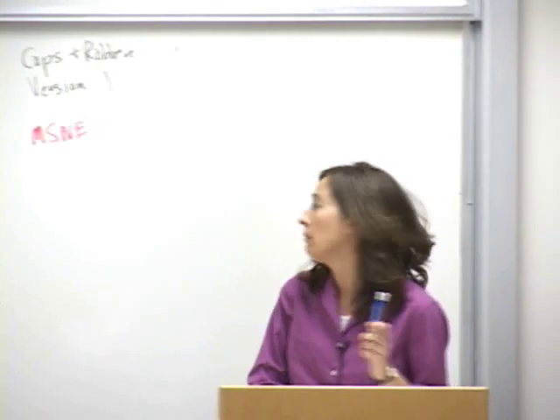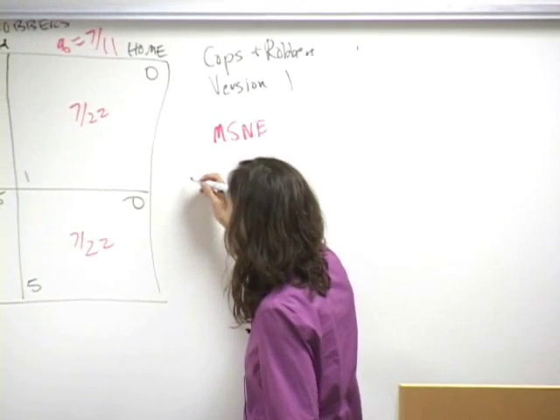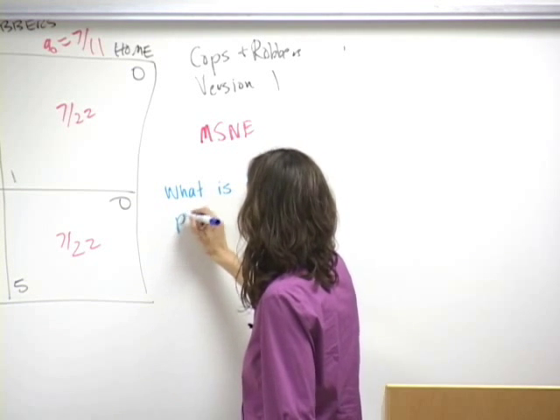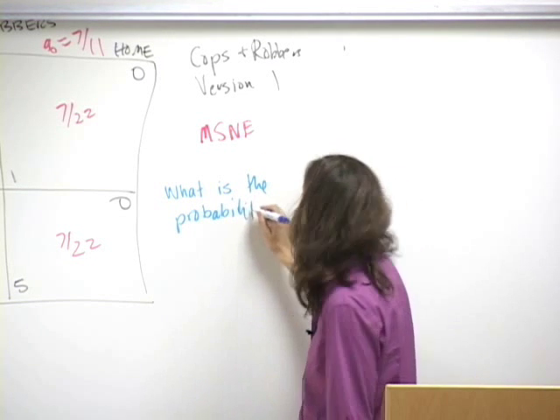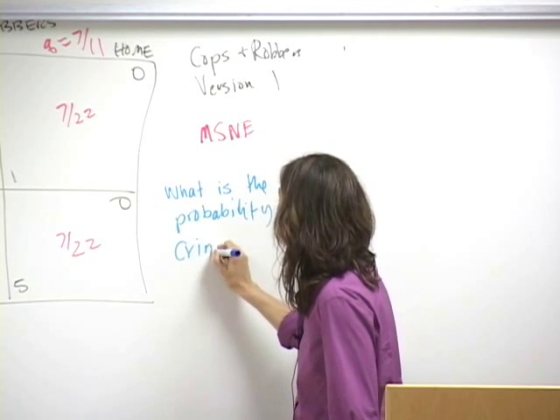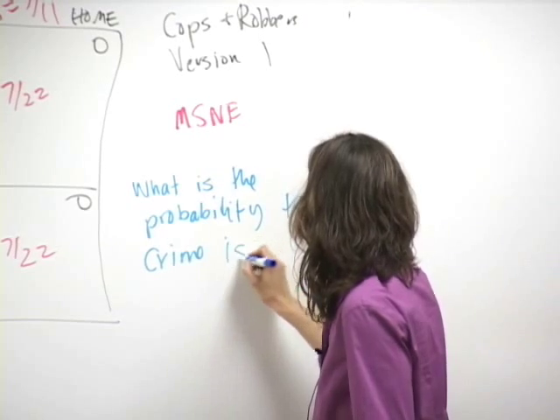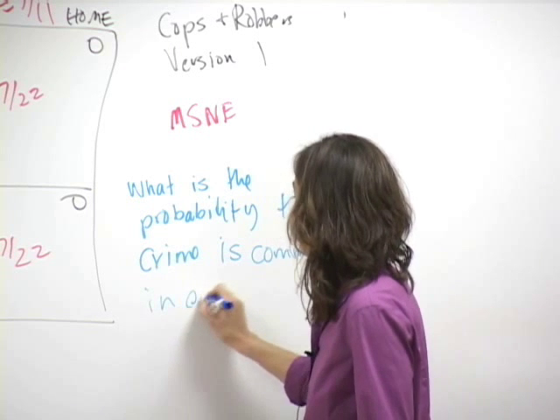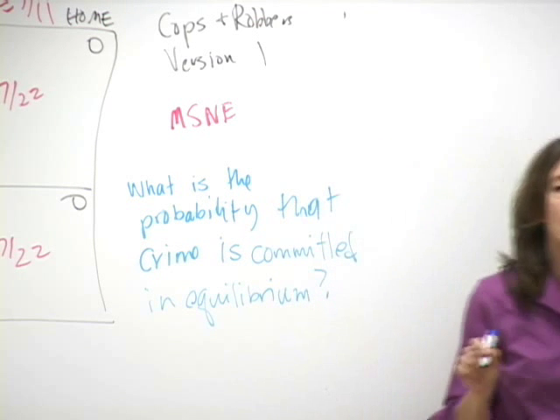Maybe one thing to do before we switch to the new game is to ask ourselves, what is the probability, in this game, in this equilibrium, that crime is committed in equilibrium? What fraction of the time should we see crime?